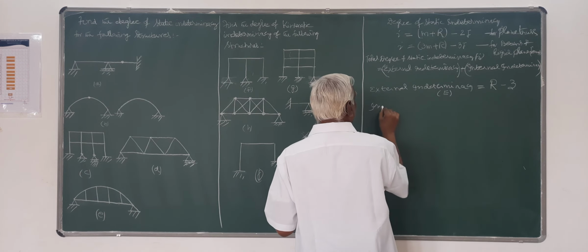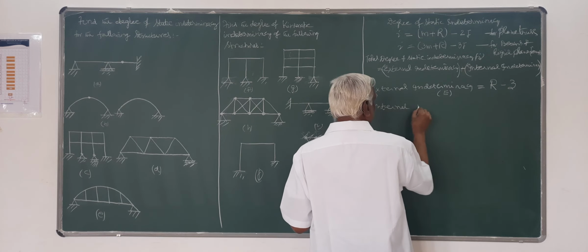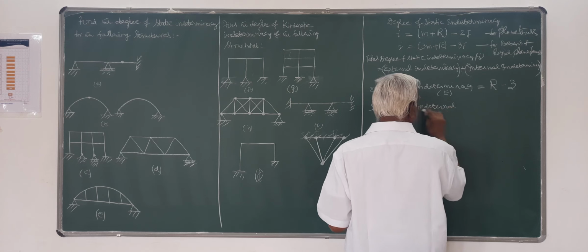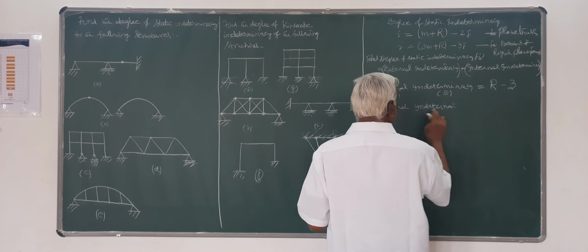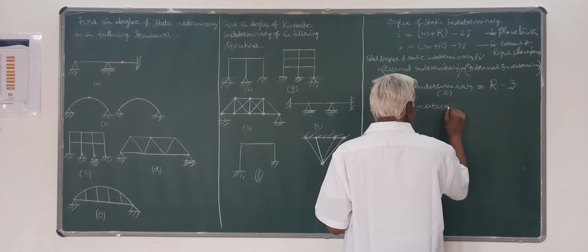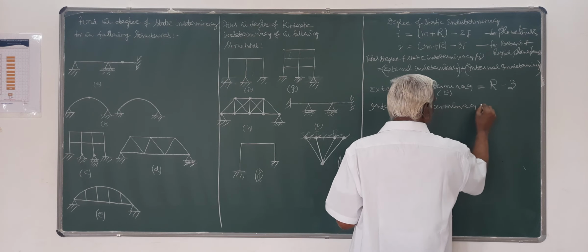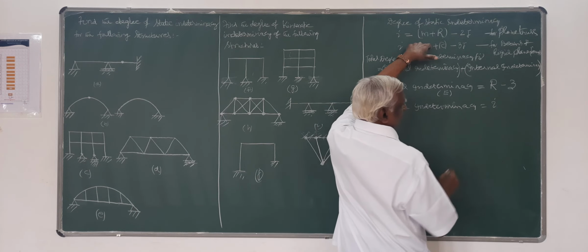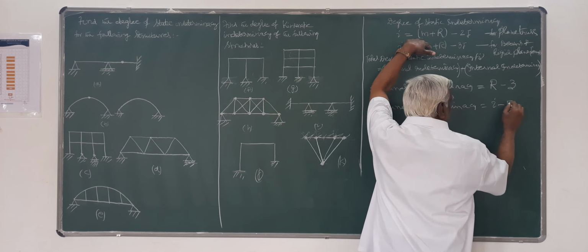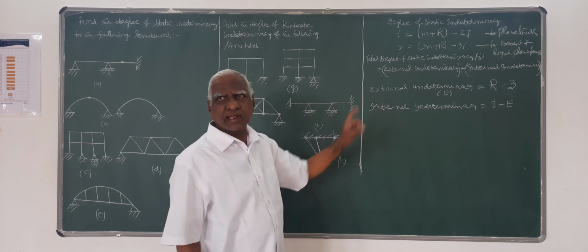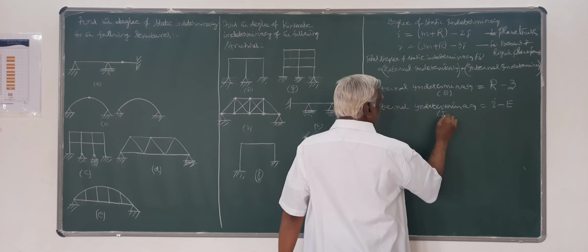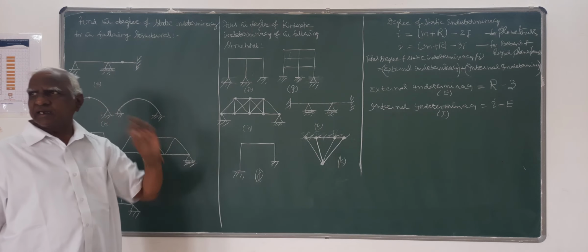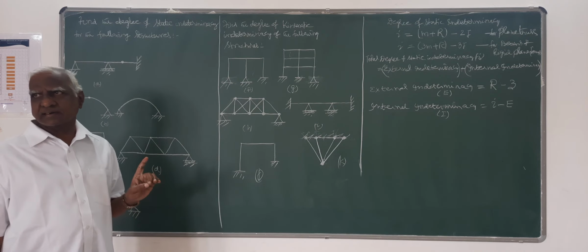The degree of internal indeterminacy you can find as the difference: the total degree of indeterminacy minus the degree of external static indeterminacy. Thereby you can determine all types of indeterminacy in the given structure.